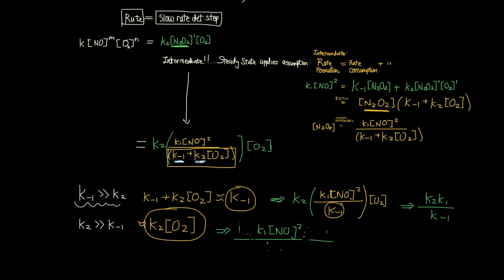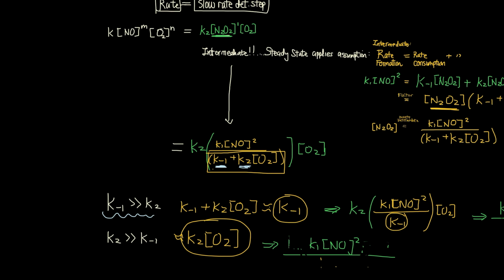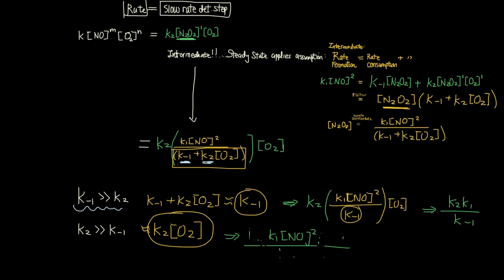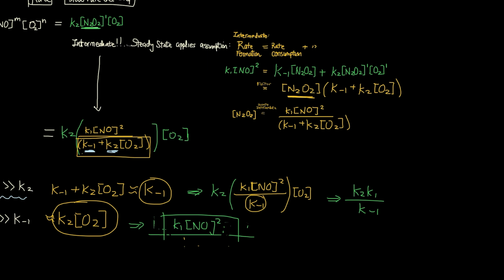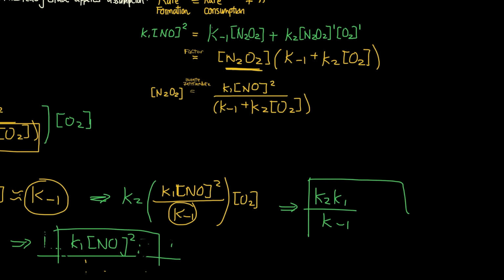So then, instead of writing this fancy denominator here, we would put in our simplified form. So we would put this, and then we would put in our NO2 and O2.